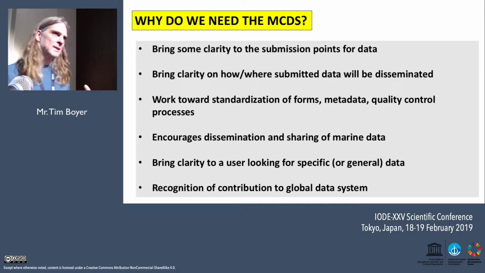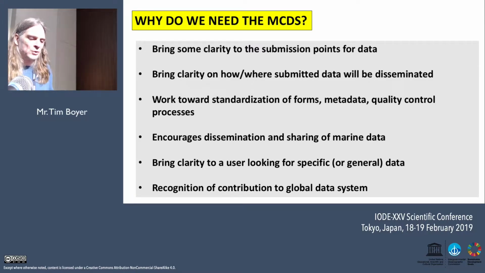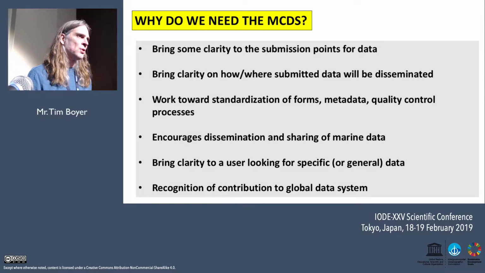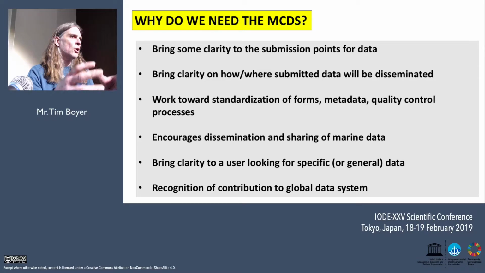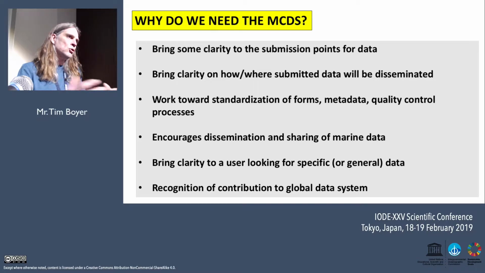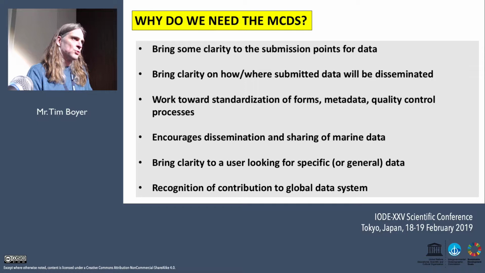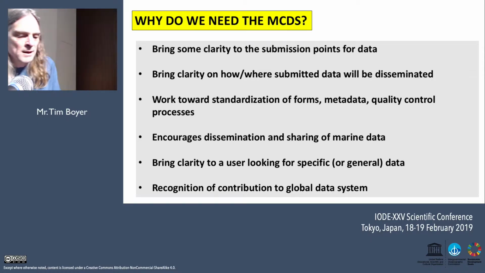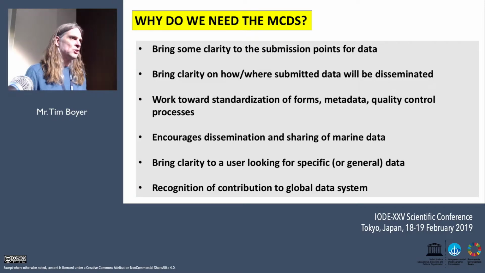And this, of course, implicitly will help towards standardization of forms, metadata, quality control procedures, and so on. Because if you are now part of a system and you have to pass data to a DAC or a GDAC or a CMOC, you need a mechanism to do that. And the best way, of course, is to standardize those mechanisms of passing data. And this will encourage dissemination and sharing of marine data.